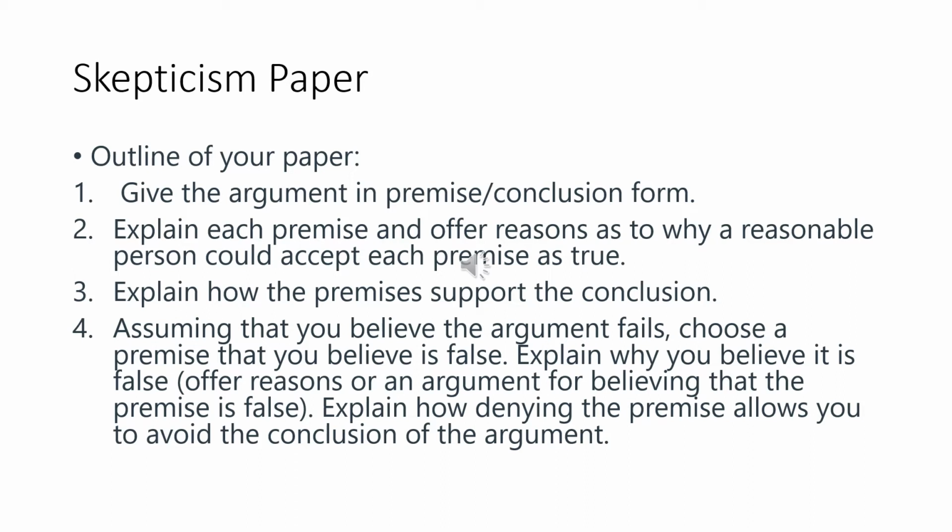Basically just giving reasons for thinking that the premise can't be true, or give examples why we should think that the premise is false. Just general plausibility explanations as to why the premise is implausible for some reason, anything like that. And then explain how, by denying that premise, you can avoid the conclusion of the argument.